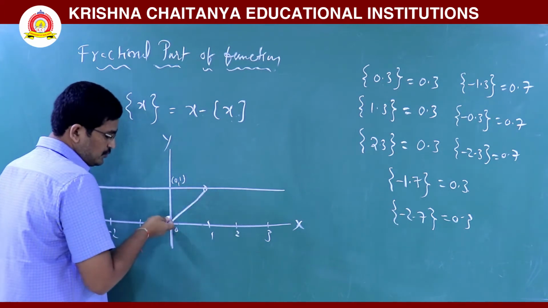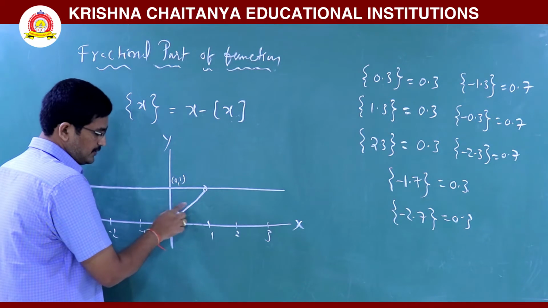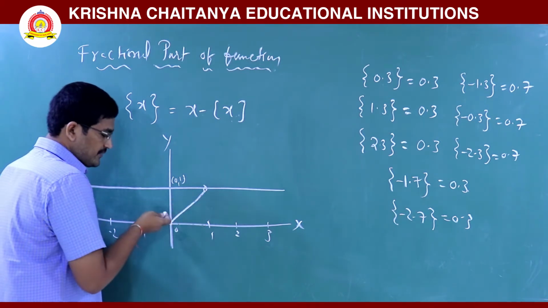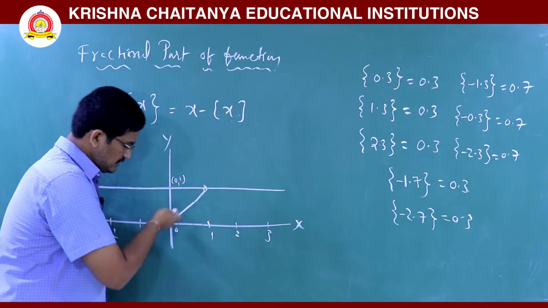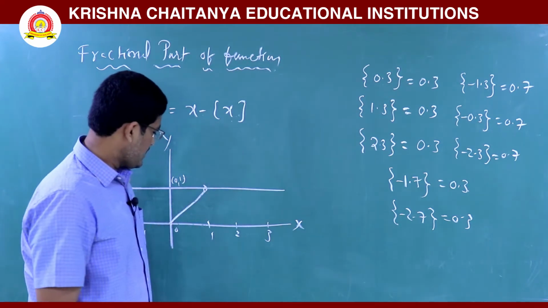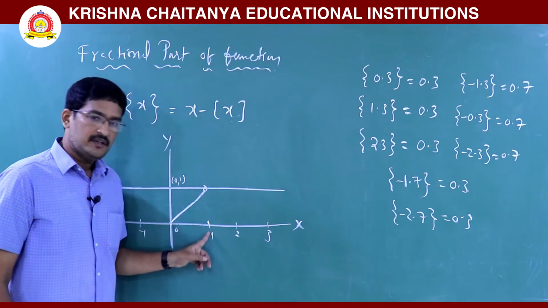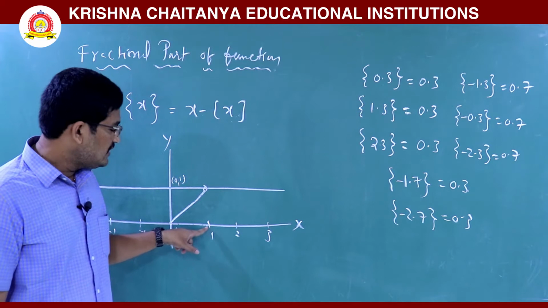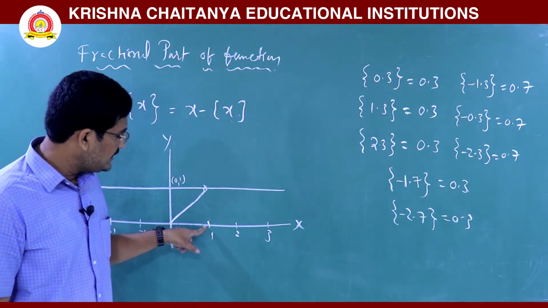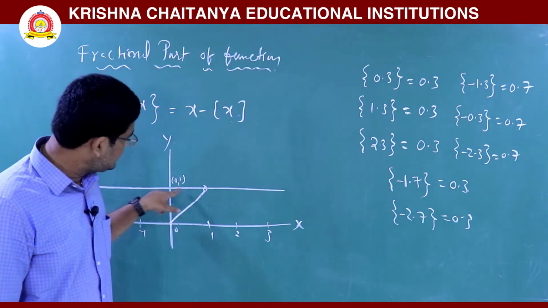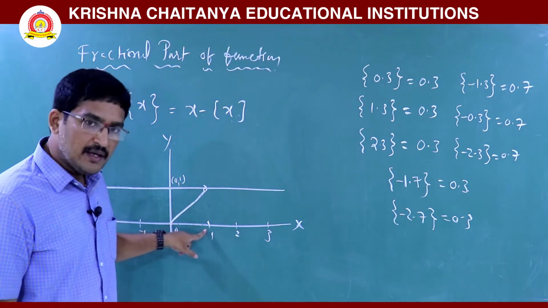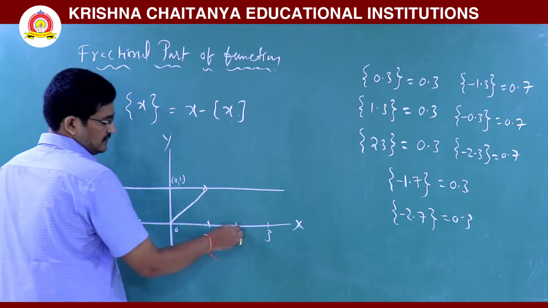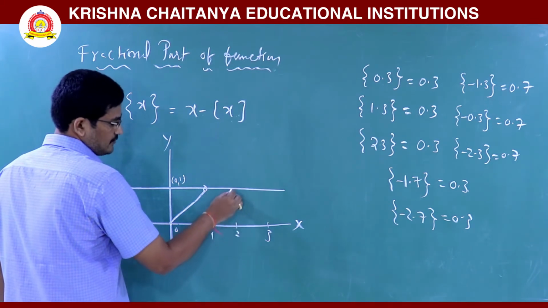It moves through 0.5, 0.6, 0.9. At 1, it should be 0. Fractional part of 1 is 0. Fractional part of 0.9999 is 0.9999, but at the value 1, the fractional part is 0. Next, the fractional part of 2 is 0.